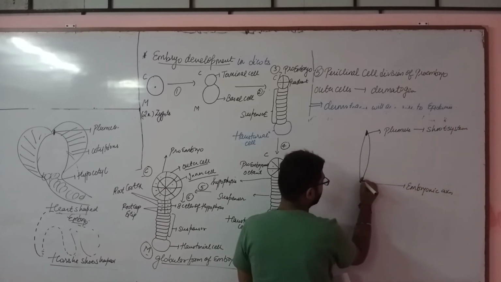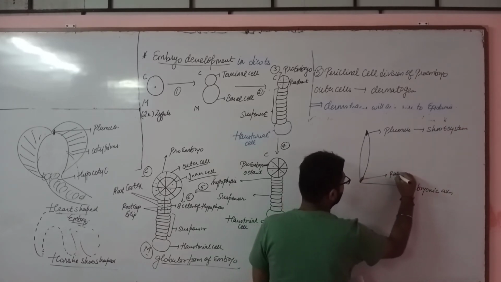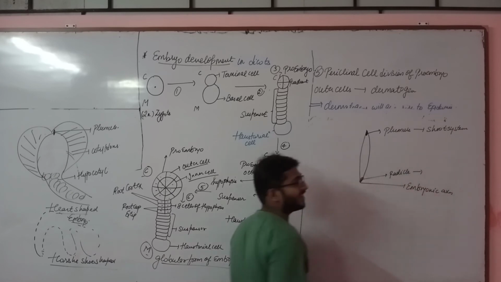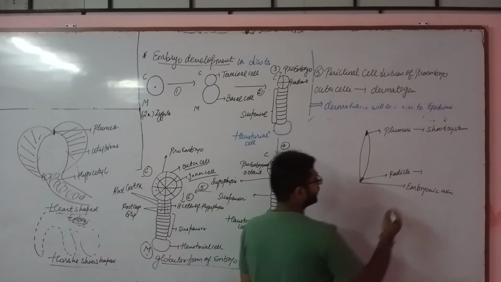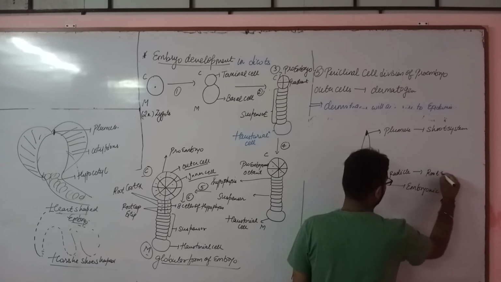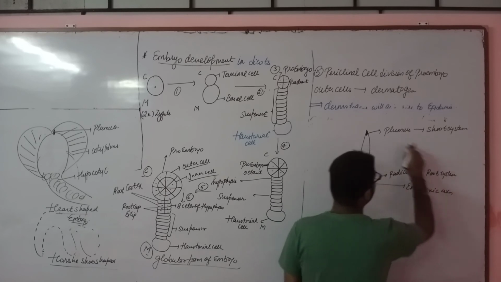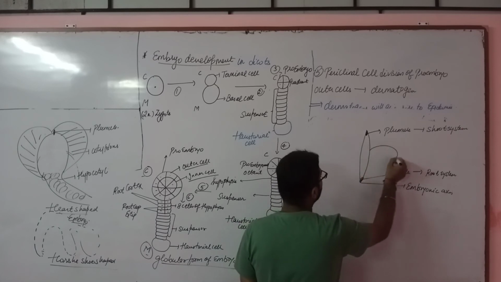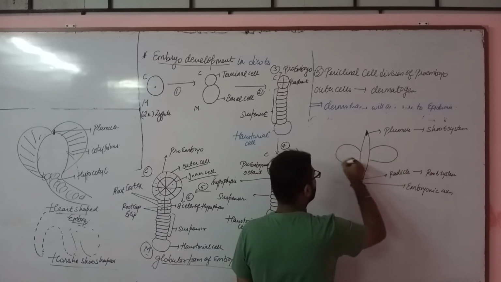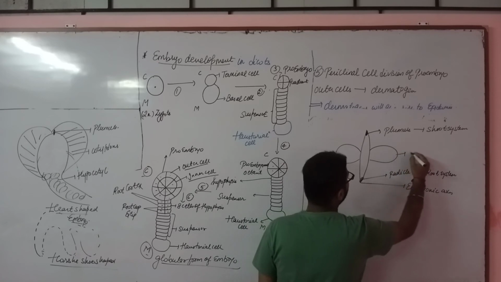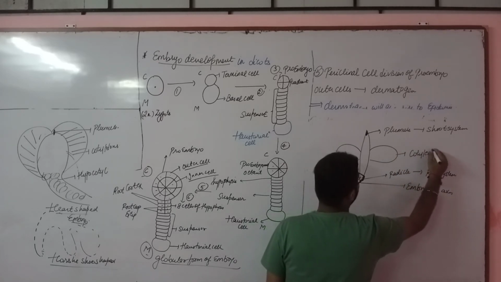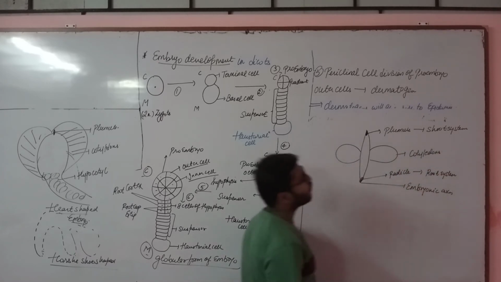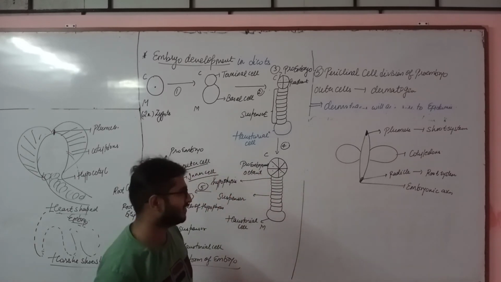The lower part is composed of radical, and the radical will give rise to the root system. So plumule for shoot system, radical for root system, and the two cotyledons. So these are the two cotyledons. Now hypocotyle as well as epicotyle.